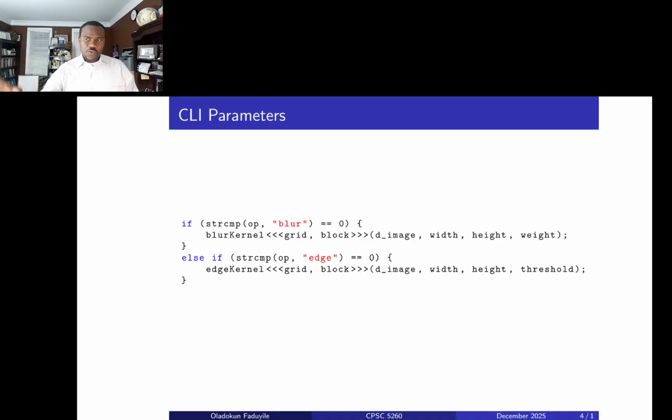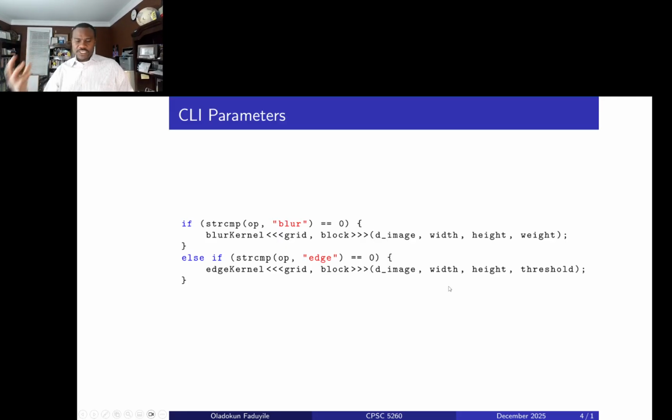This is how I call that operation so it can look at the grid, send out a block and update the image.